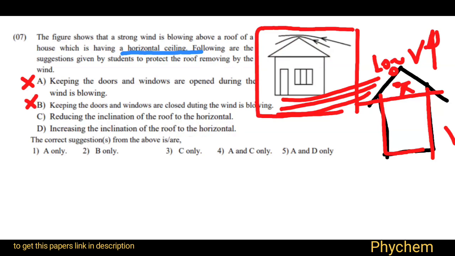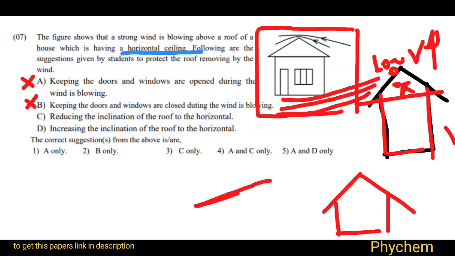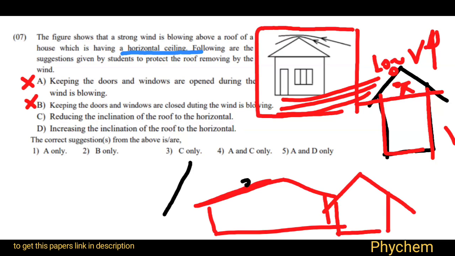Yeah, that's true. Usually the reduction in pressure is caused by the velocity of air. When you reduce the inclination, the density of streamlines on the top part of the roof will be reduced, because normally when you are exposed to a lot of cross-sectional area, you have to cover a lot of streamlines.